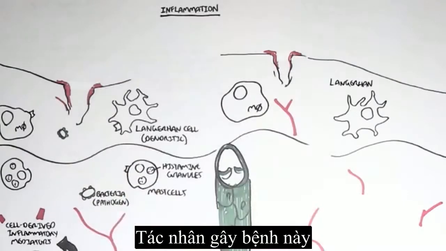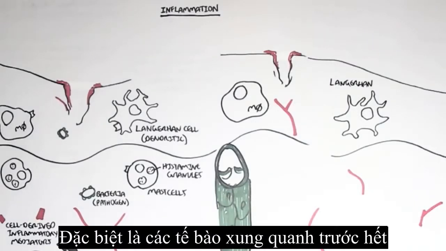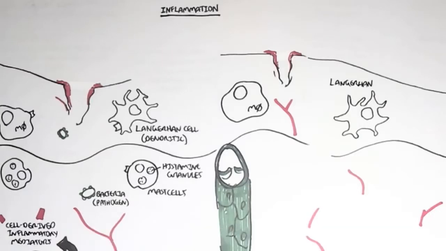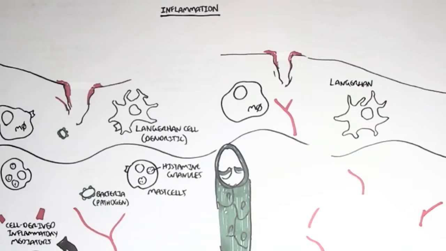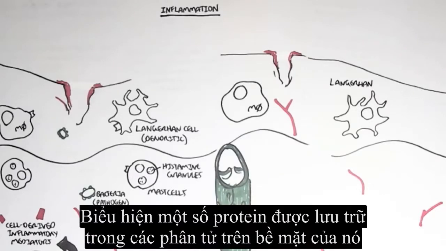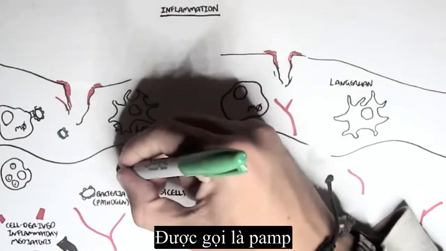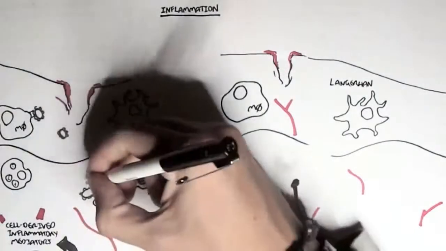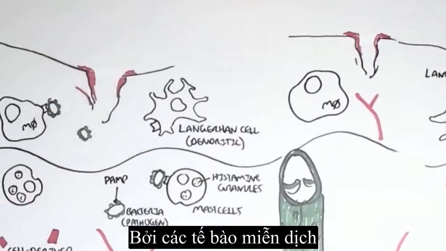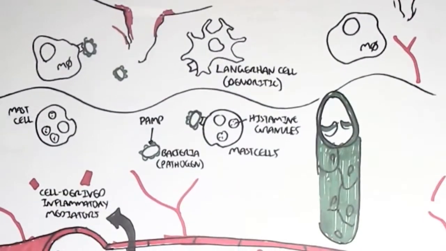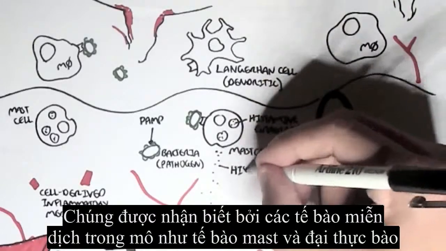This pathogen, let's just say it's a bacteria, will trigger many responses, particularly by the surrounding cells. This bacteria expresses certain molecules on its surface, known as PAMPs. PAMPs are recognized by the immune cells within the tissue, such as mast cells and macrophages.